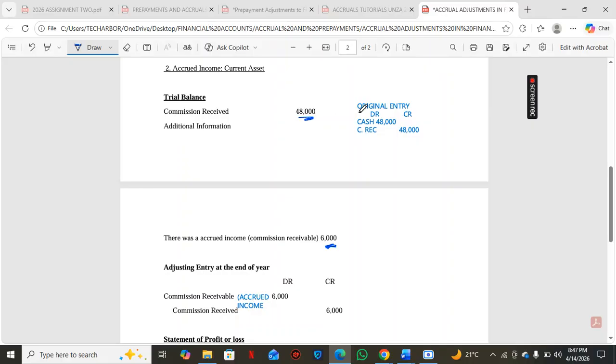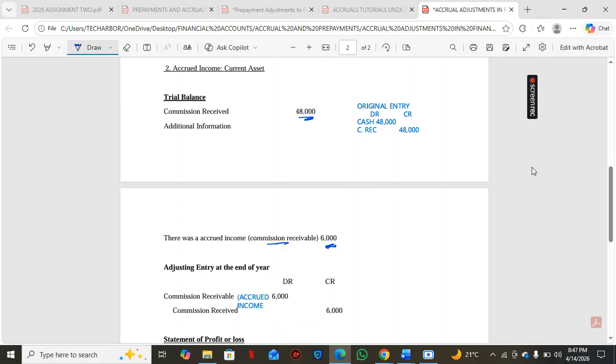This 48,000 you already received. Have you seen the double entry? Debit cash 48,000, credit commission received 48,000. Then you find you're being owed an extra 6,000, which is your commission receivable. This is the accrued income.